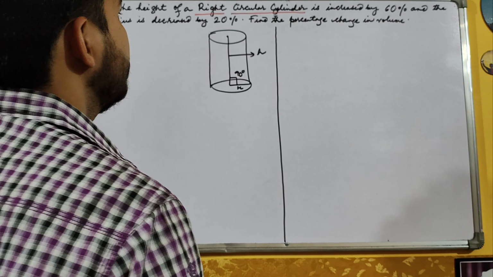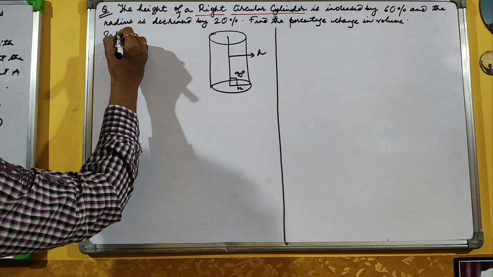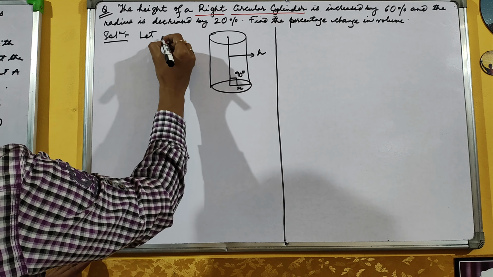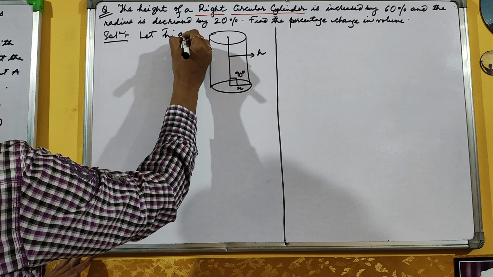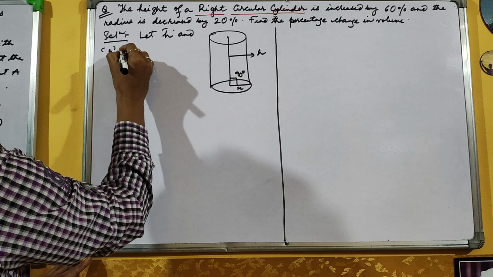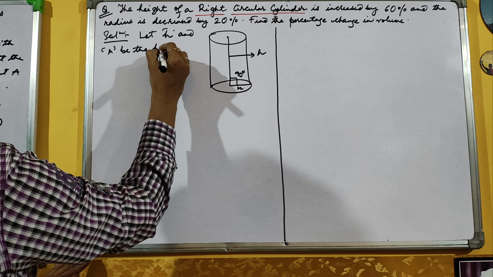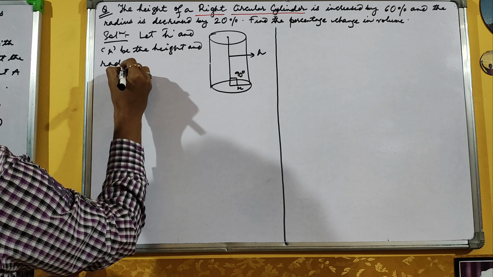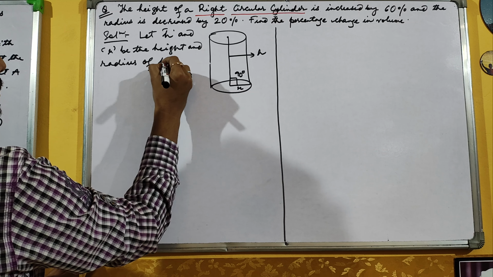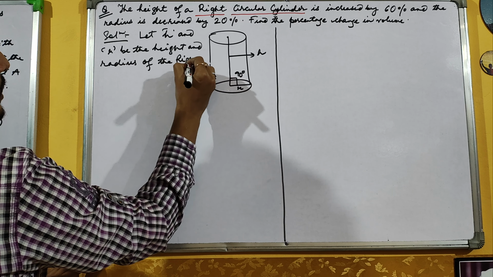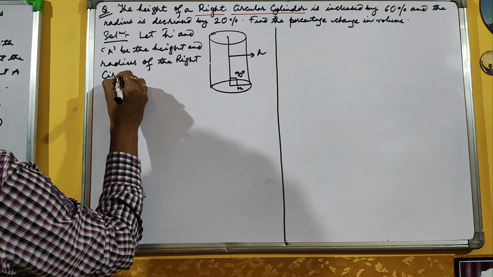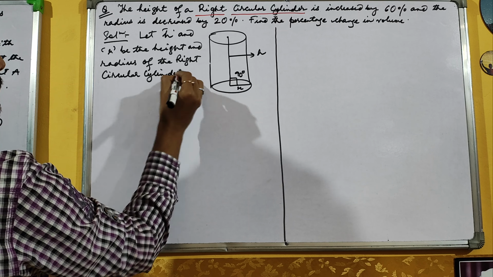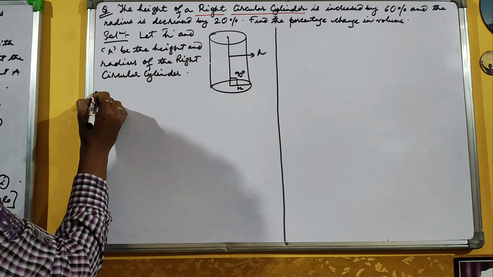तो उसके पहले कर लो. Let H and R be the height and radius of the right circular cylinder. तो वॉल्यूम क्या होगा?